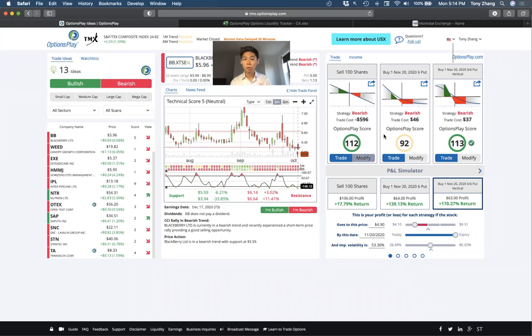So I tend to use the midpoint, because I think market makers, generally speaking, will spread out the bid ask based on their theoretical value. So the midpoint usually is a pretty good representation of the true theoretical value or true fair value of an option.